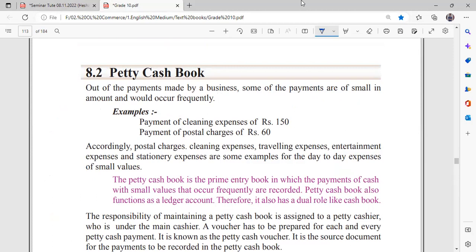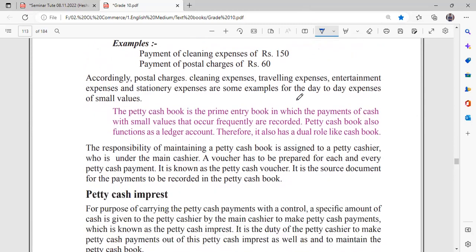For example, cleaning expenses, postal charges. Accordingly, postal charges, cleaning expenses, traveling expenses, entertainment expenses, stationery expenses are some examples of day to day expenses of smaller value. The petty cash book is the prime entry book in which the payments of cash with smaller values that occur frequently are recorded. Now this petty cash book, right?